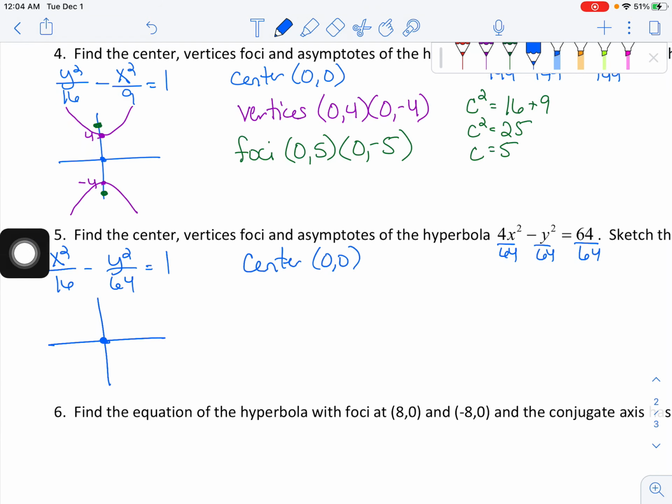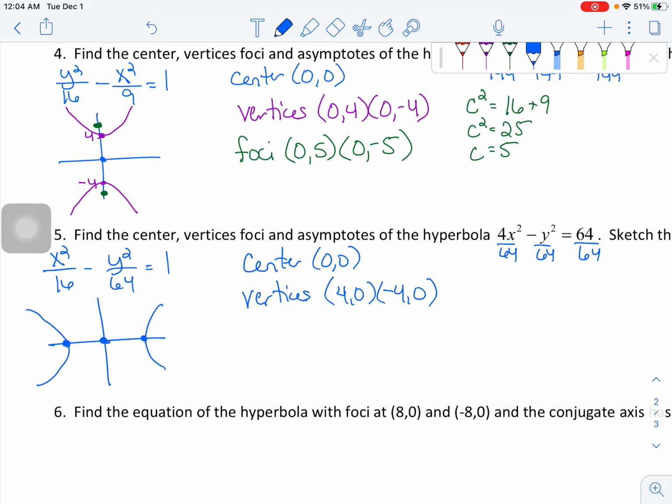So let's see, here's 0, 0. My x is the positive fraction, so that means my transverse axis is going to be horizontal here. So I'm going to count 4 and 4. So that gives me my two vertices. That is 4, 0, and negative 4, 0.